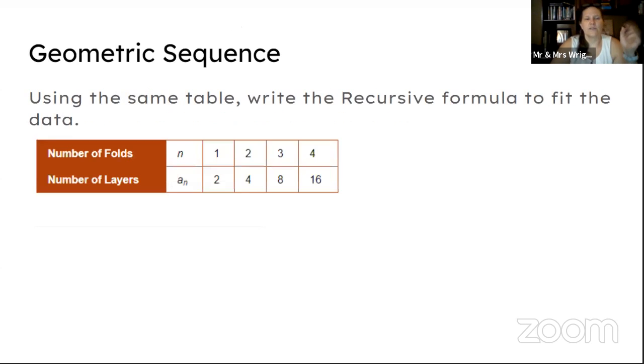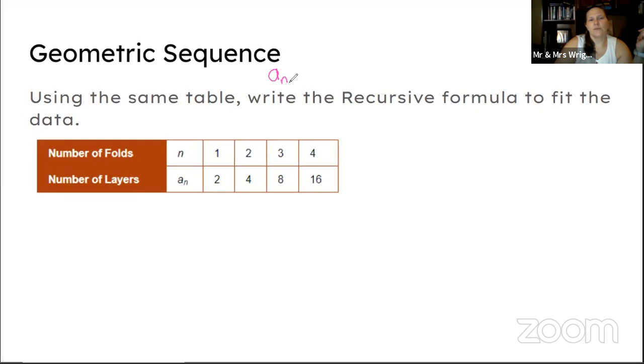All right, so here is that same problem we had before. We need to write a recursive formula for it. So remember, our rate was 2, right? Remember that? Our rate was 2.